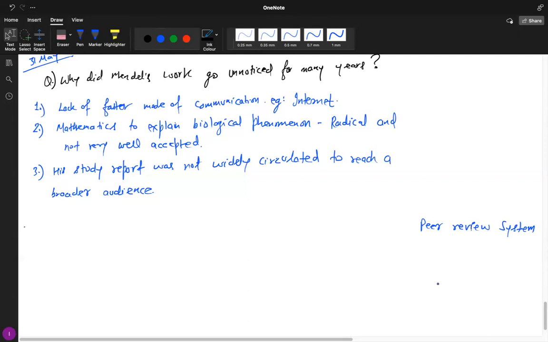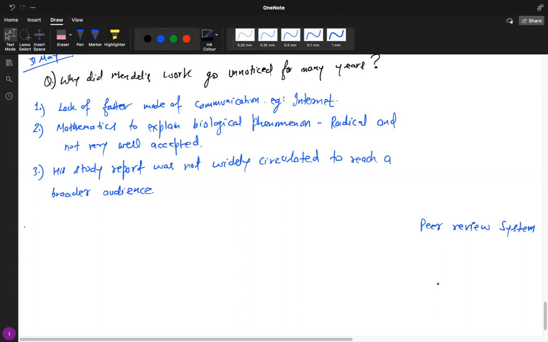Other scientists will read that paper, see the data, read the results, and give their feedback on whether what they are claiming makes sense with the data they are presenting. Is it doable? Is the data enough to support their hypothesis or not? If the review comments are in favor of the manuscript, then only it is accepted.